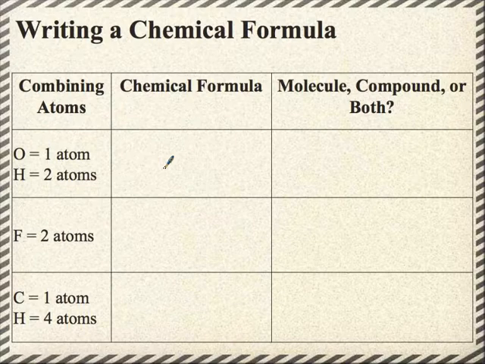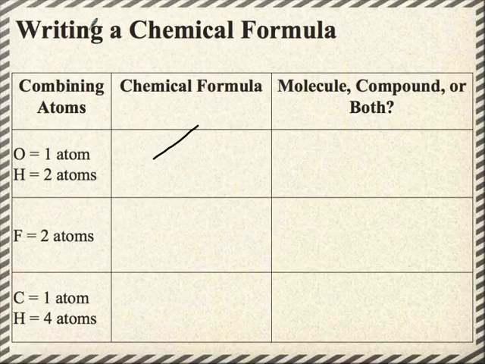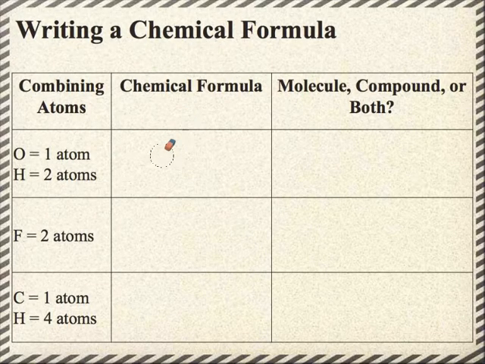So if I know what atoms are combining, I can say how to write it. In this case, I'm going to do the first one. I want you to do the last two on your own. So let's say it says one atom of oxygen and you have two atoms of hydrogen. What I do is I would write H first.